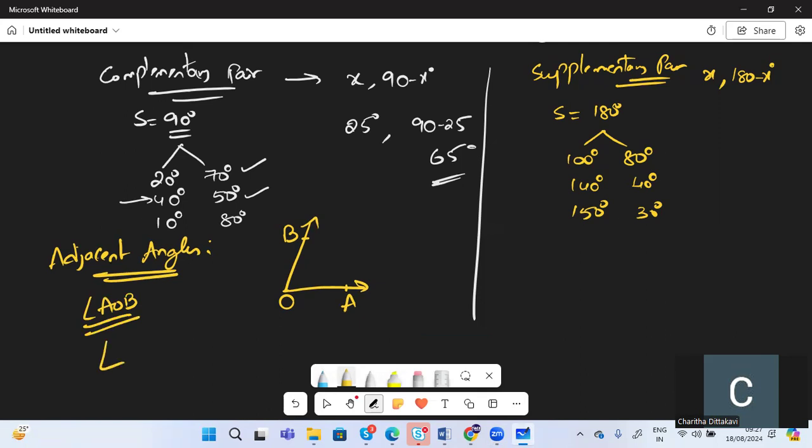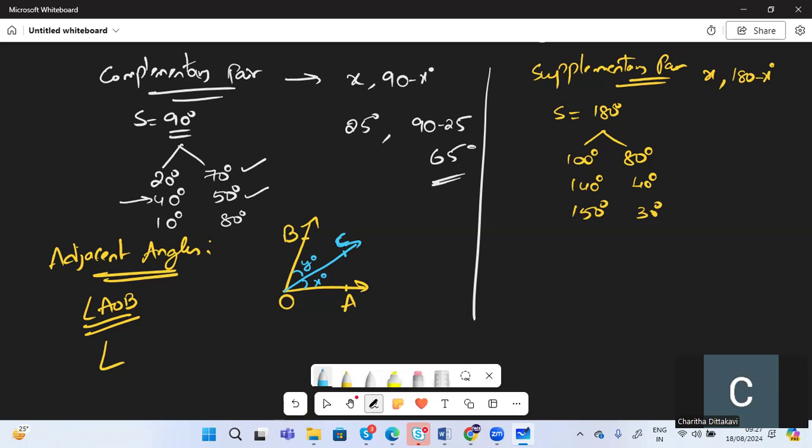And let me say this is point C and this is OC. Now if I give this angle as some x degrees and this as some y degrees, I would say that these two are adjacent angles. What is the reason? Adjacent angles are just beside one another. x and y are just falling beside one another, right?